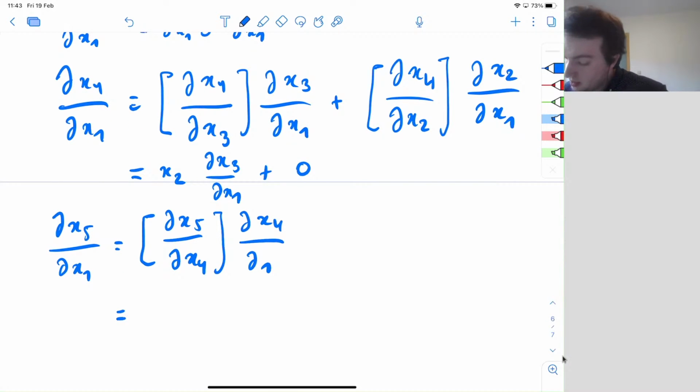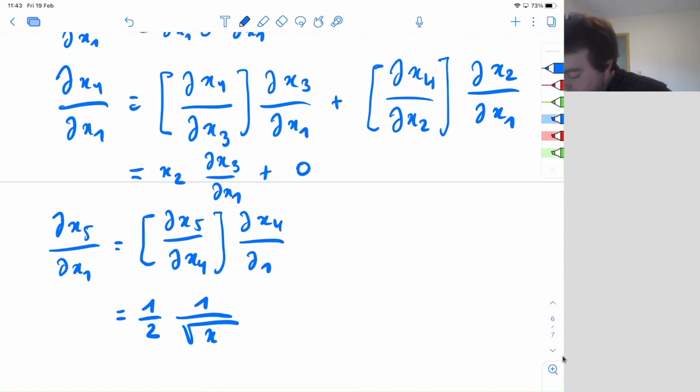And this, the square root of x4, we take the derivative of that, so that's 1 over 2 times the square root of x4, times this guy, which we've just computed here, right?